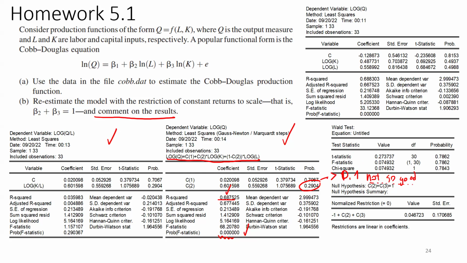So there must be some problem with this model, but you will learn it in the second part of this subject, how to deal with this result. So you just comment that, okay, this is not so good, but how to fix that later, you will learn with another instructor at the second part. Okay, so this is what you can do for homework 5.1.